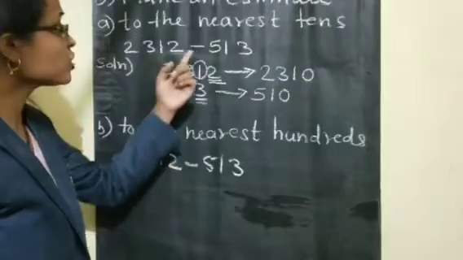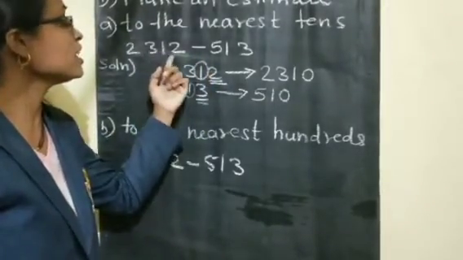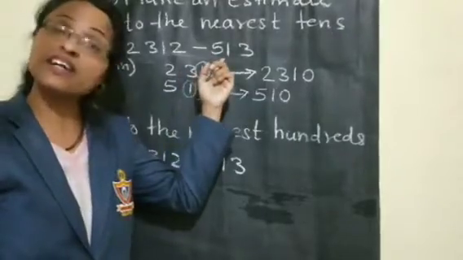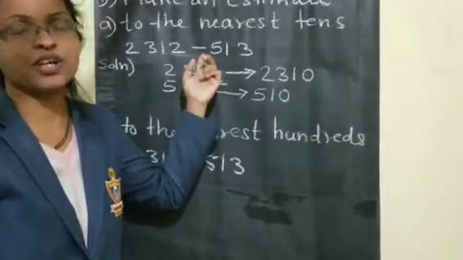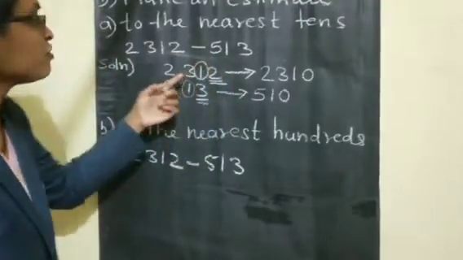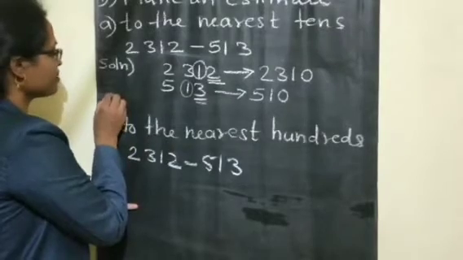And estimate. Now children, rounding we have done. Now see the question here. See the sign. Here they have given 2312 minus 513. Minus means here we have to do the subtraction. We have to find out the difference for the estimation. So what will we do?